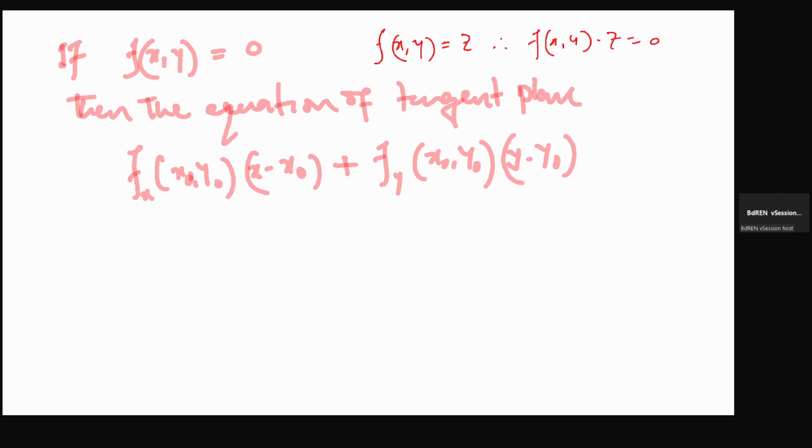That's why at that time the tangent equation will be z minus z naught, because z is here the dependent variable. So we cannot do the differentiation with respect to the dependent variable. We can do the differentiation only with respect to the independent variable. Okay.